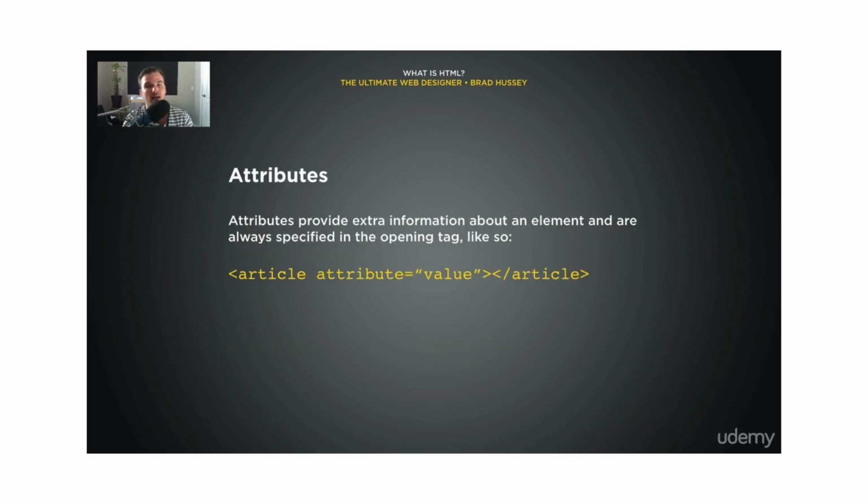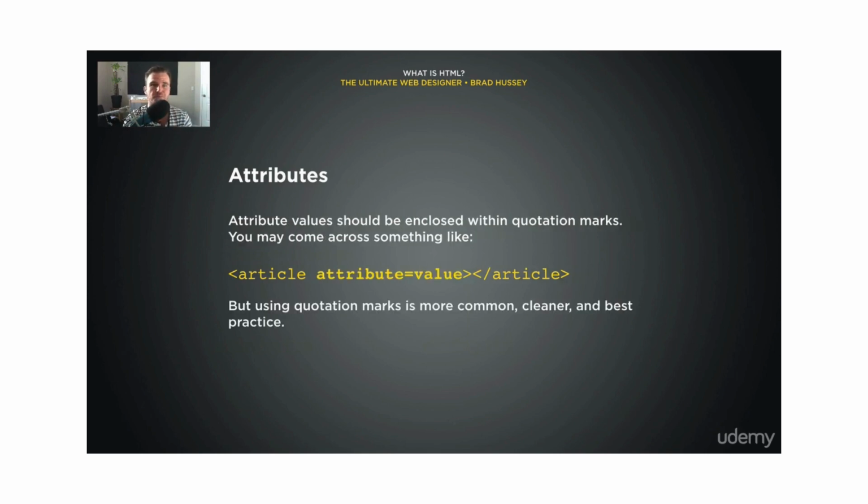Attributes provide extra information about an element and are always specified in the opening tag like so. We have our article tag, and there's an attribute with a value. And we'll get further into what attributes and values are later, so don't let it confuse you too much right now. It's actually quite simple. Attribute values should be enclosed within quotation marks like you just saw.